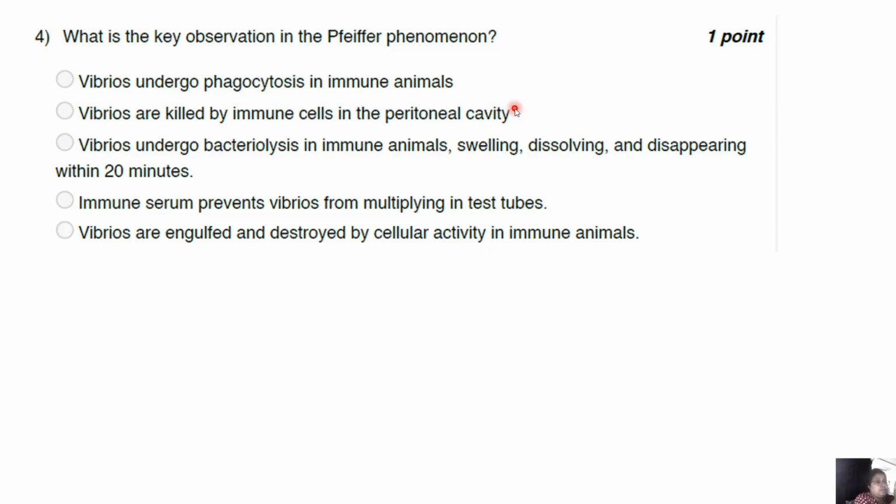D. Immune serum prevents vibrios from multiplying in test tubes. E. Vibrios are engulfed and destroyed by cellular activity in immune animals. I'll wait for a few minutes if anybody wants to try.